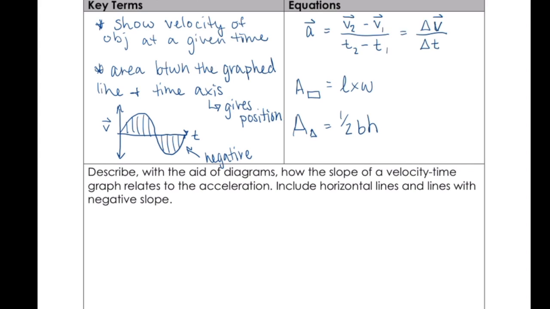Okay, so for these diagrams, we're going to describe how the slope of the velocity relates to the acceleration. Okay, so for this first one, we're going to draw a horizontal line. So for our V and T graph, this.